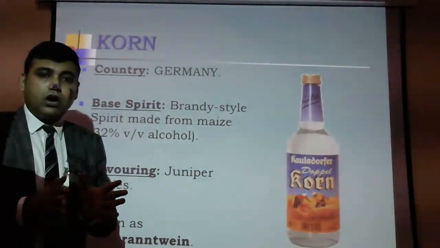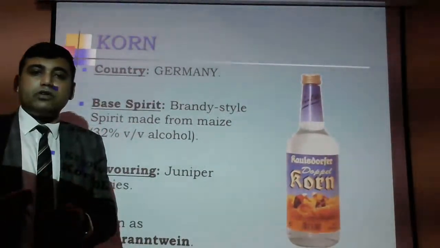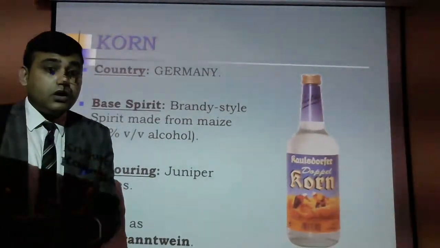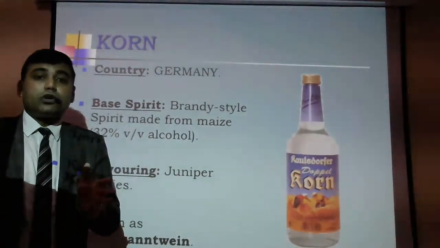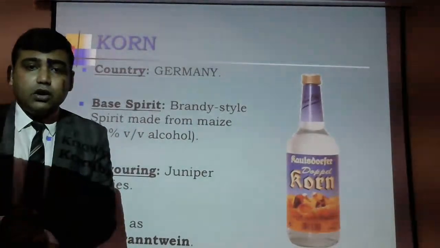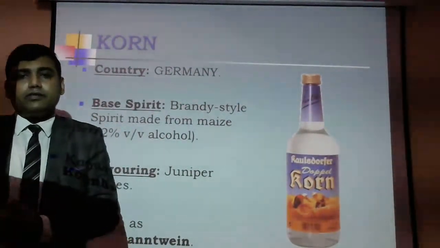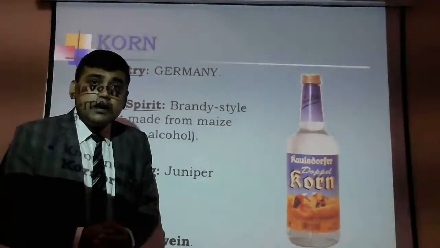It's also known as a korn brandy which is burned, right? A korn brandy which is burned or distilled for a longer period of time is known as kornbrand. Okay, and in some places you will see it is flavored with juniper berries.